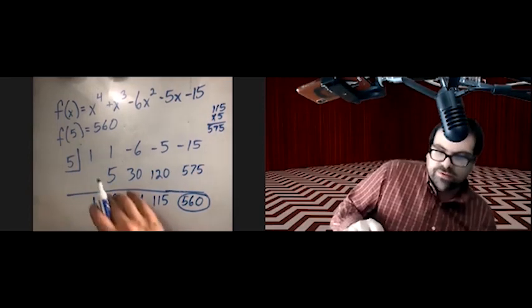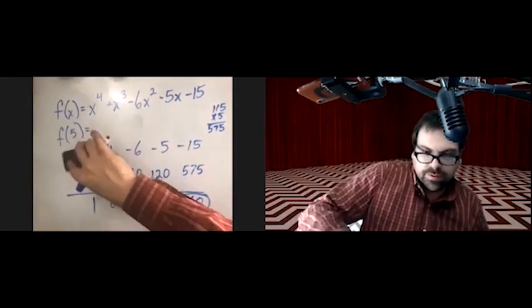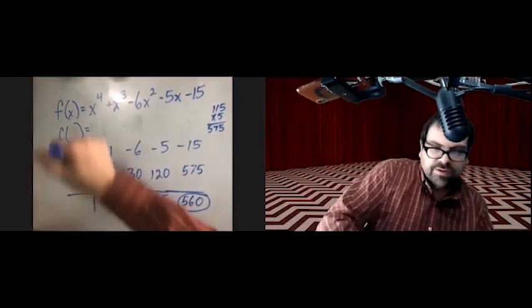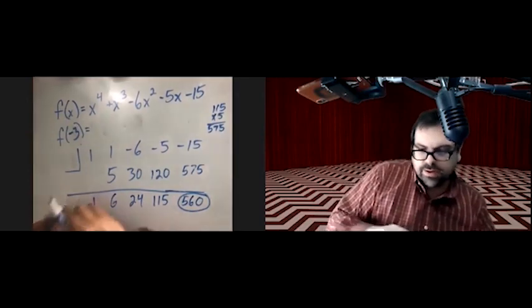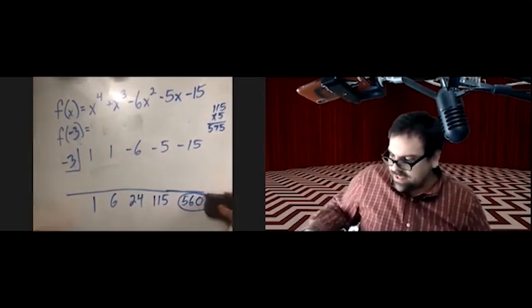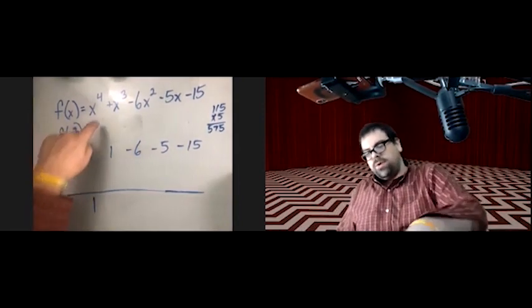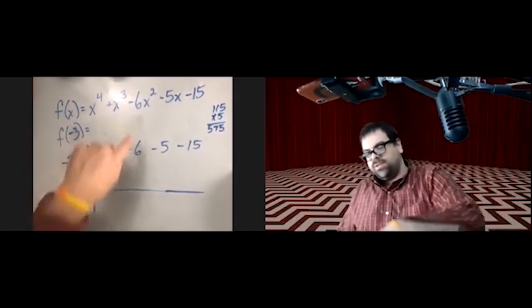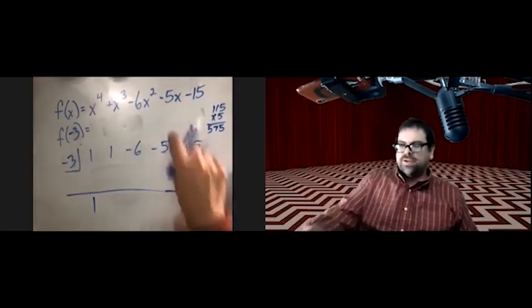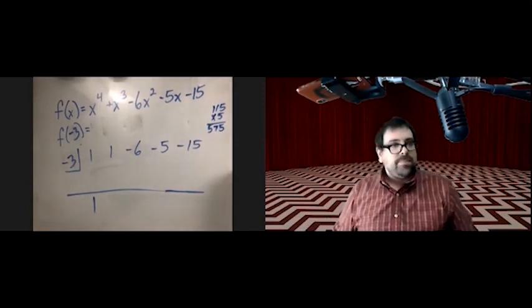Finally, f of negative 3. To find f of negative 3, I put negative 3 in the box. Same setup. Coefficients. 1x to the 4th, 1x cubed, negative 6x squared, negative 5x, negative 15.